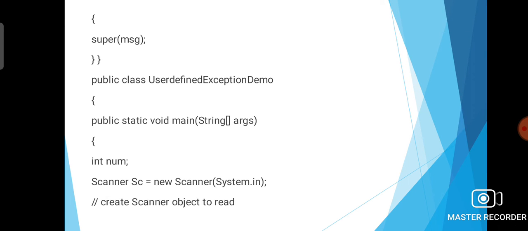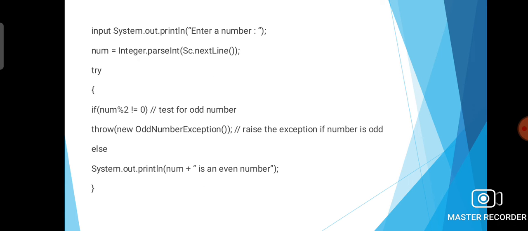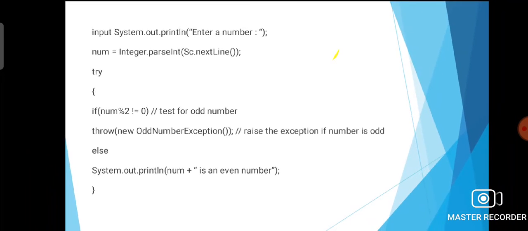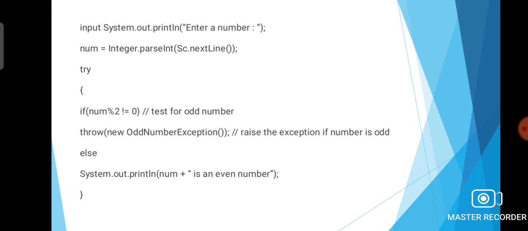Now we have the main class and the main method. Under the main method we are going to read one number. For that we are creating the scanner object. With the help of the scanner object we are reading one number: num equals Integer.parseInt of sc.nextLine. This is the method to read one number. The number will be stored in the variable num. Next we are going to check whether the number is an odd number or an even number.